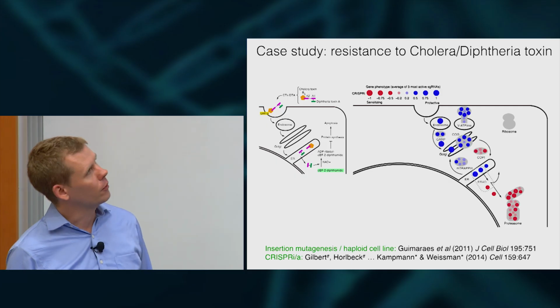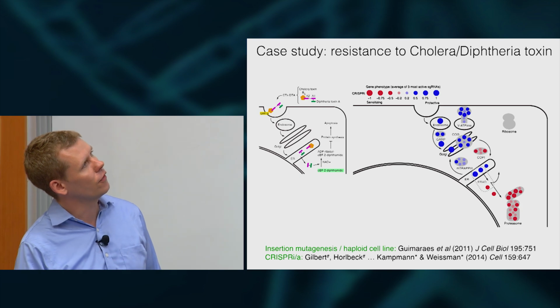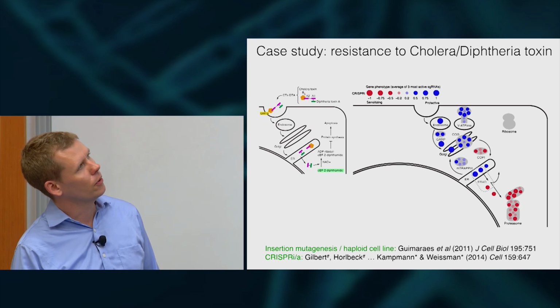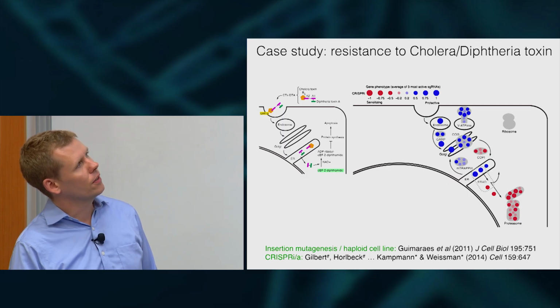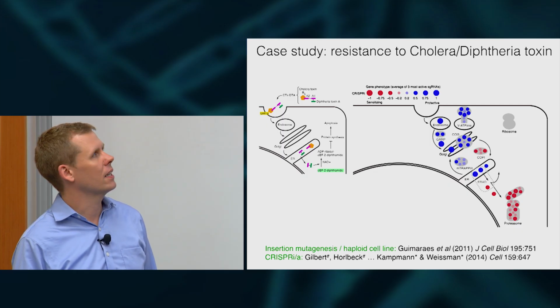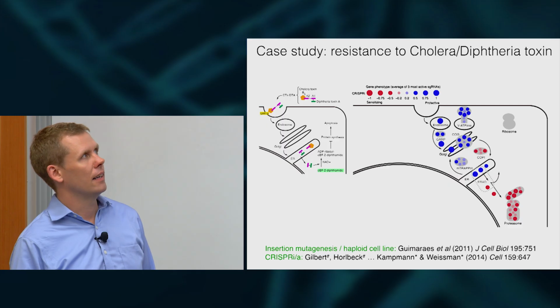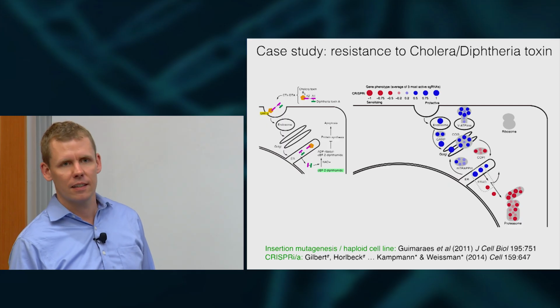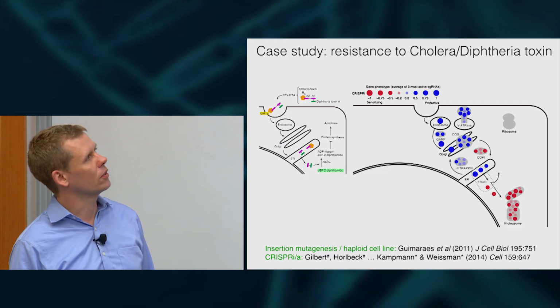And so what did we find? We found a ton of very strong hits along this trafficking pathway, which was already known. So that was not a surprise. Interestingly, for transport up to the ER, generally, when you knock down these factors, it's protective to cells. And we showed biochemically that knocking them down means the toxin gets stuck in the membrane fraction and never makes it to the cytosol.